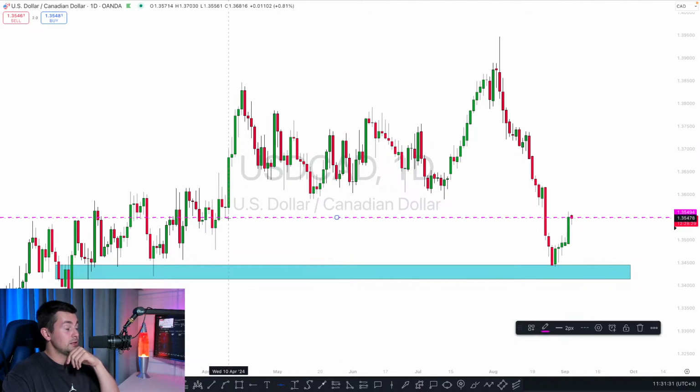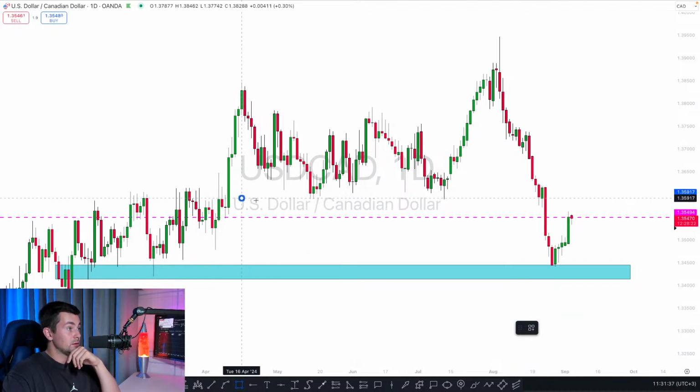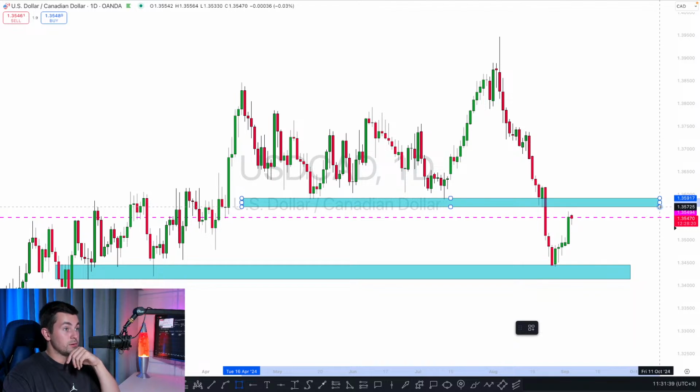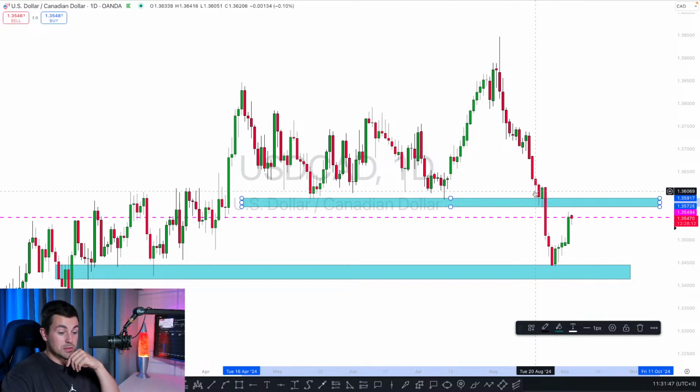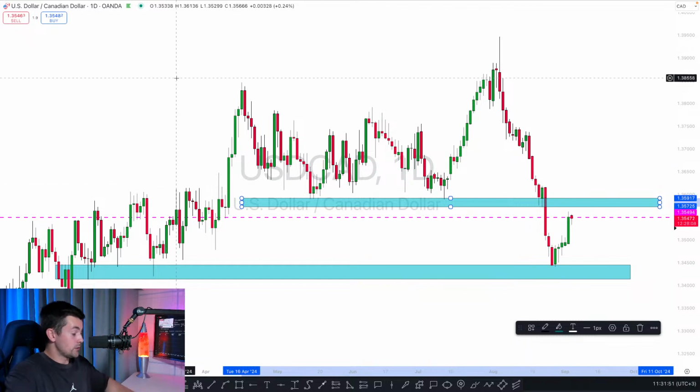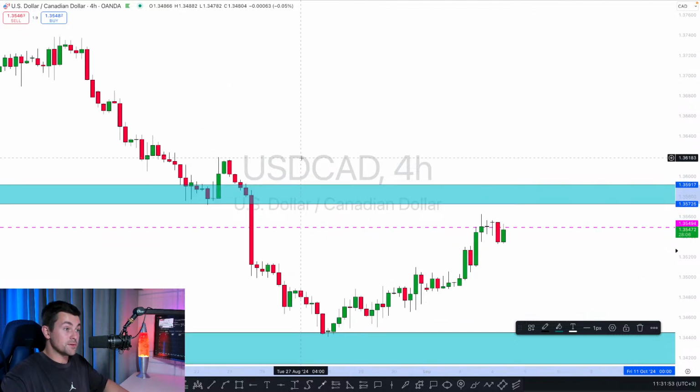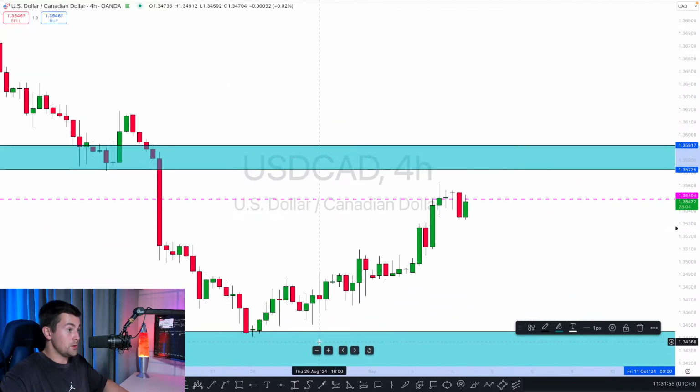We have key daily structural resistance here, and also a very significant resistance cluster here as well. So looks like from one of these resistances we may see a bearish reaction. At the moment I'm looking for some bearish confirmation here.